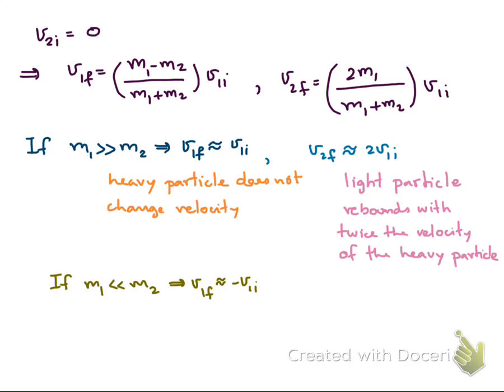And this is obvious again because you can see that if M2 is much larger than M1, the ratio here is approximately equal to minus 1.